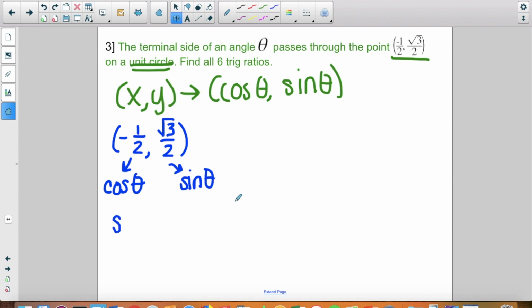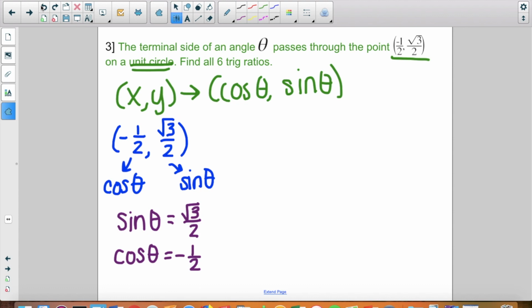So sine, I'll just rewrite it in a different color. We have sine of theta is equal to radical 3 over 2. Cosine of theta is equal to negative 1 over 2. We have to do no other work than that.